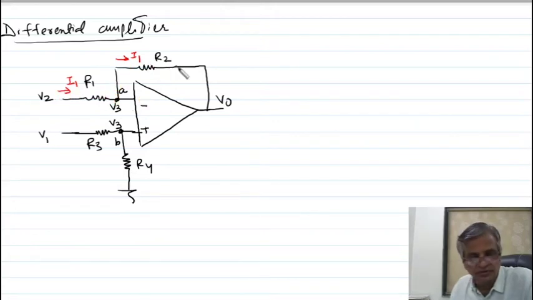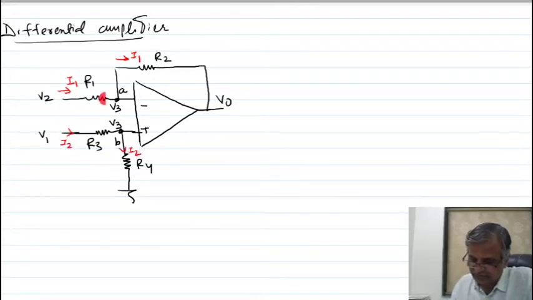Whatever current flows will be the same, so it is the same here, I2. This current is the same, this current is the same. So I1 is (V2 minus V3) upon R1, or I can write I1 is nothing but (V3 minus VO) upon R2.